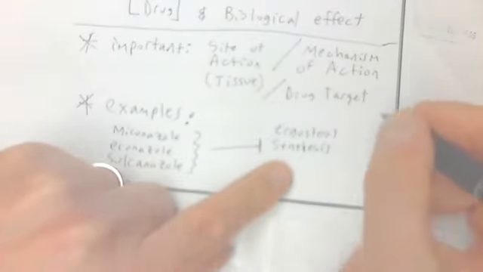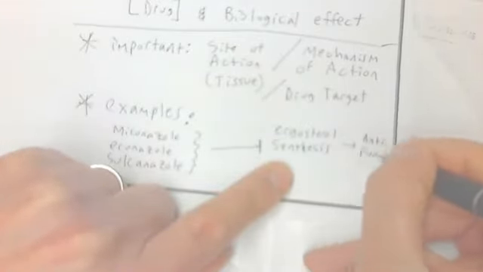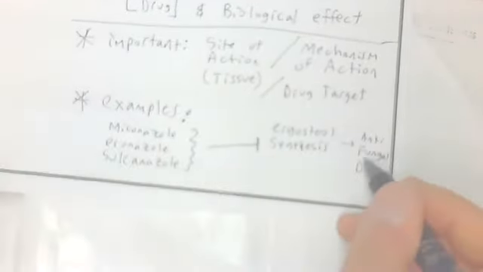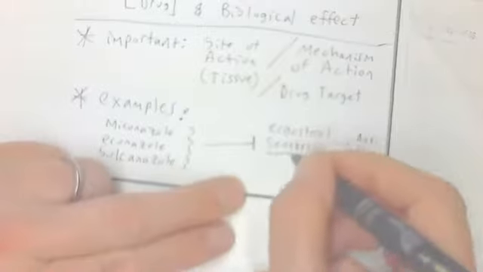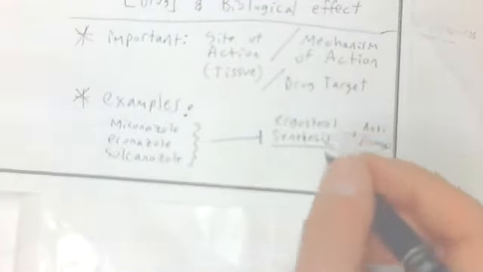So these were antifungal drugs, often used as a skin cream type thing. The specific enzyme was called 14 alpha.